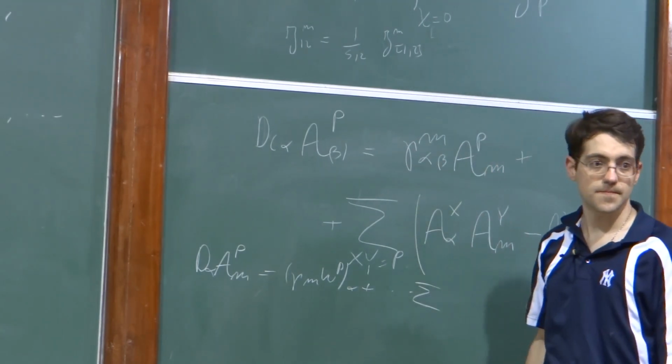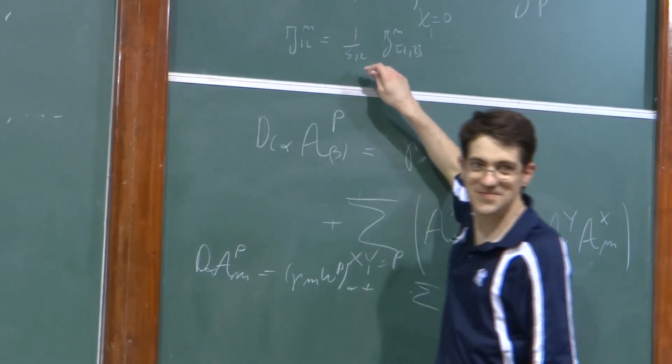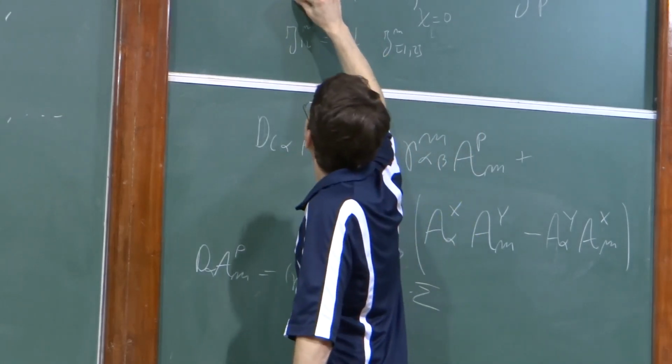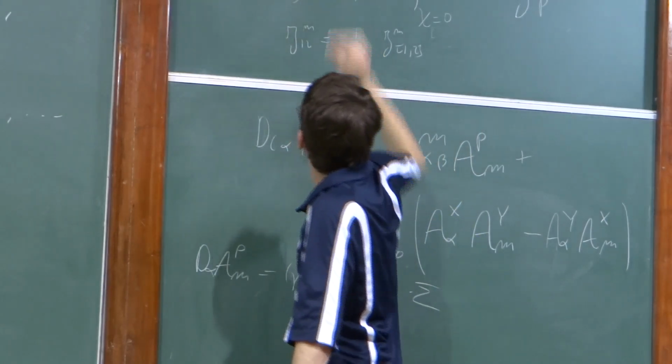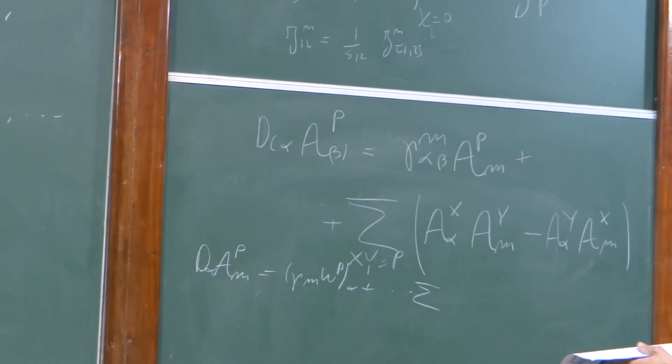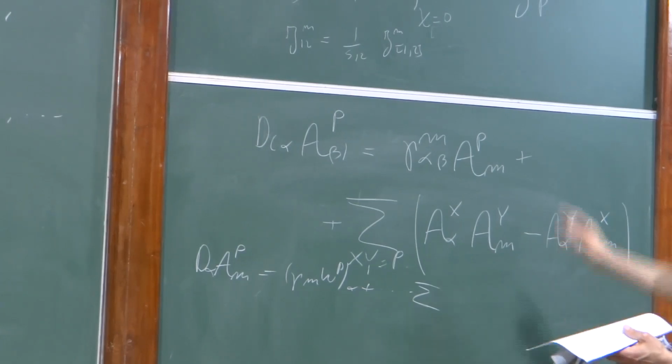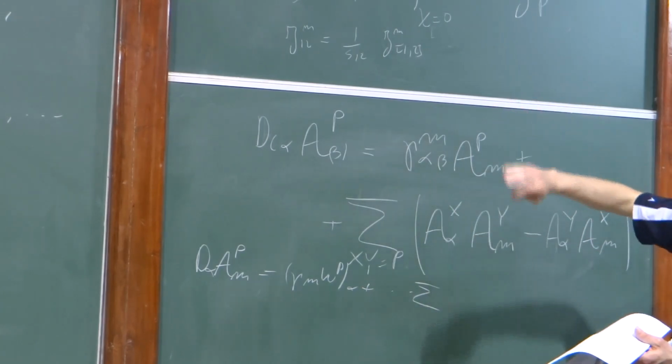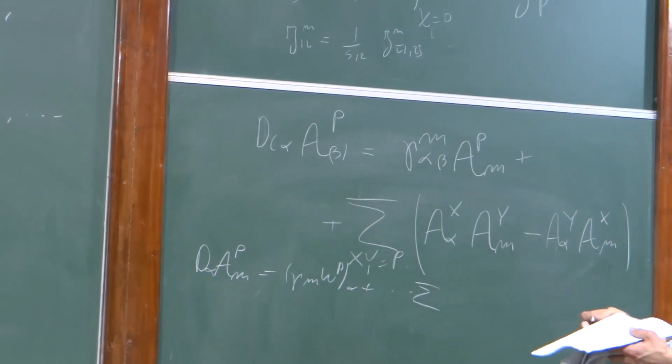So that's why these are called Berends-Giele currents.